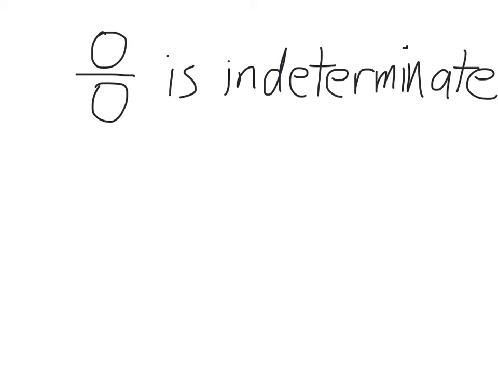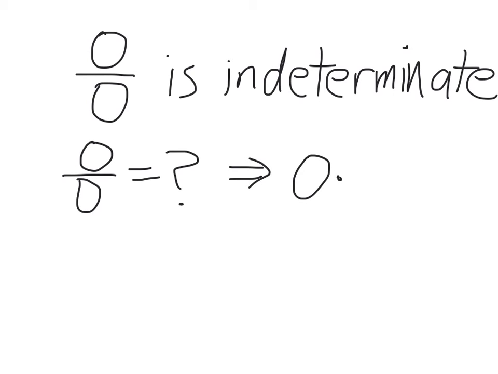Well, let's take a look at the definition of division. Division turned into a multiplication problem, this would be saying what? Zero times something equals 0.